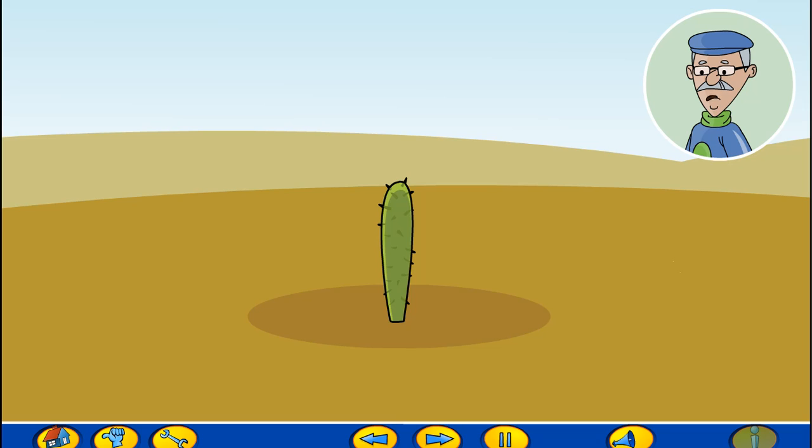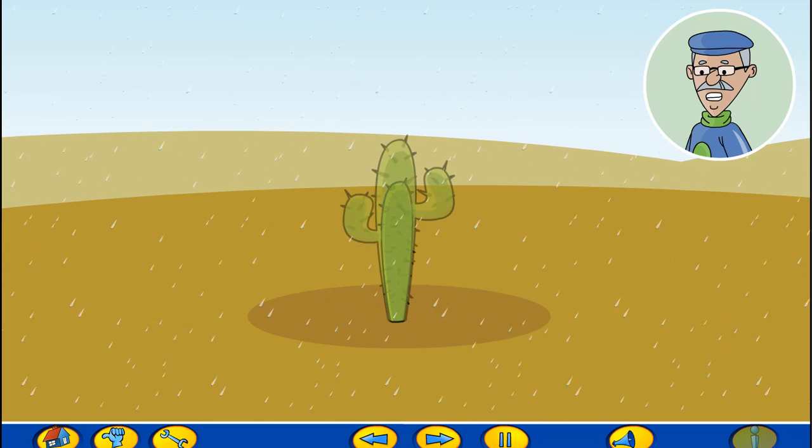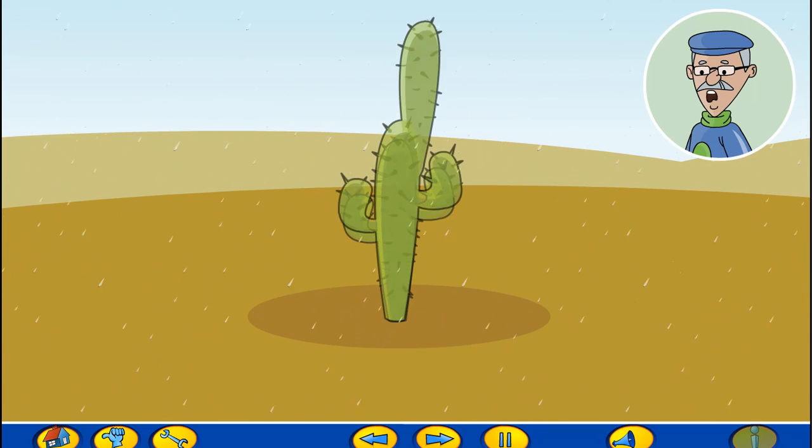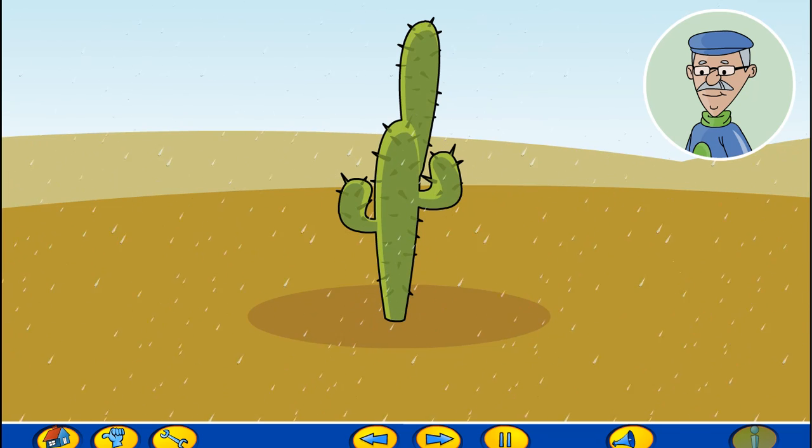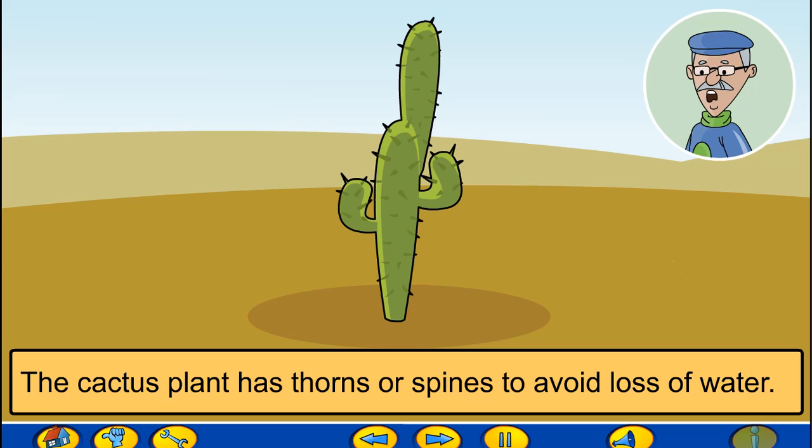Cactus plant has a very thick and fleshy stem. When it rains, the stem absorbs the water and stores it. The plant does not have leaves. Instead, it has thorns or spines to avoid loss of water, and also to protect it from animals.